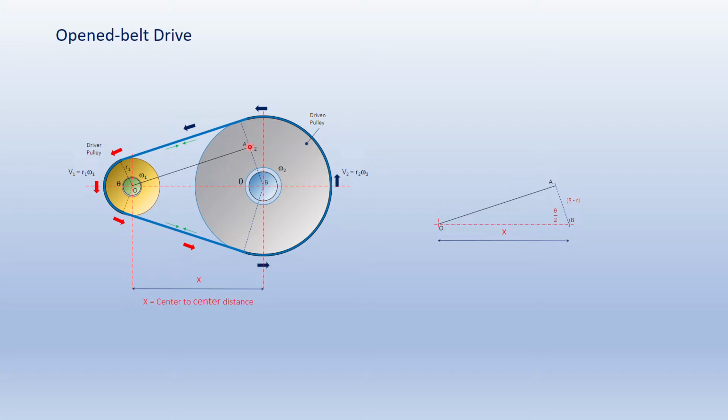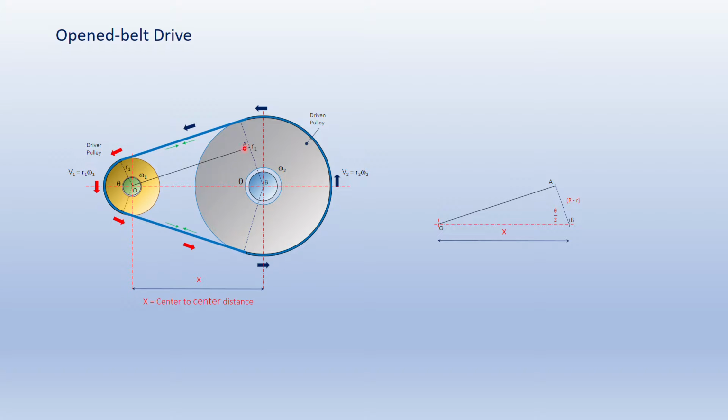And at this point A, the line that you have drawn must touch this radius, which you have drawn from the center of pulley B to the point at which the belt is leaving the pulley. So this line that you draw here must be 90 degrees to this line here.